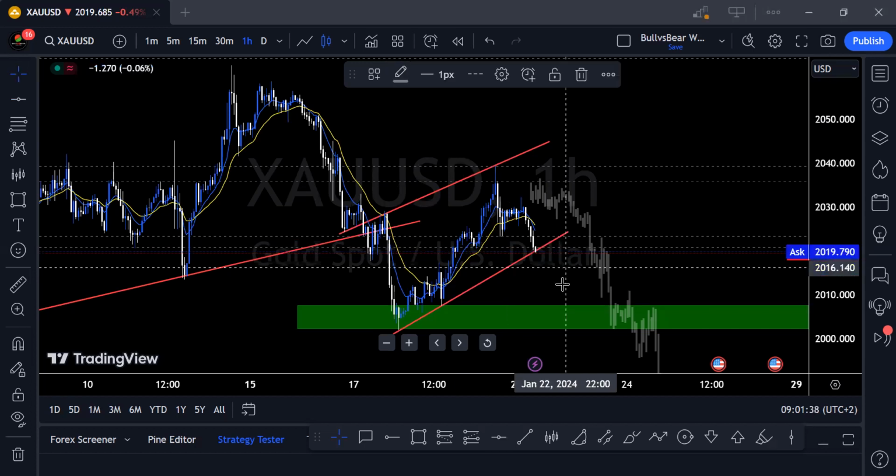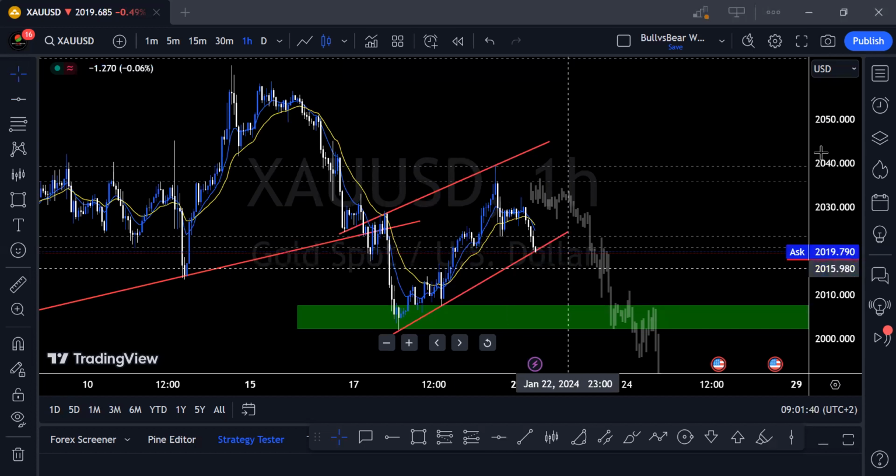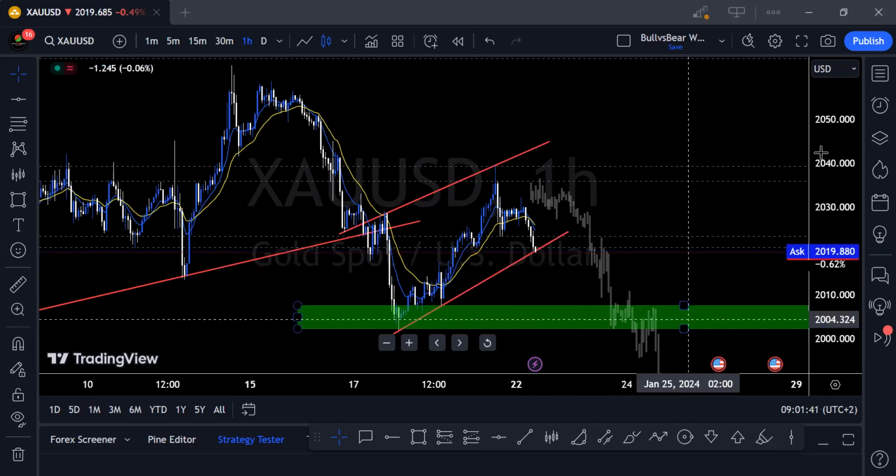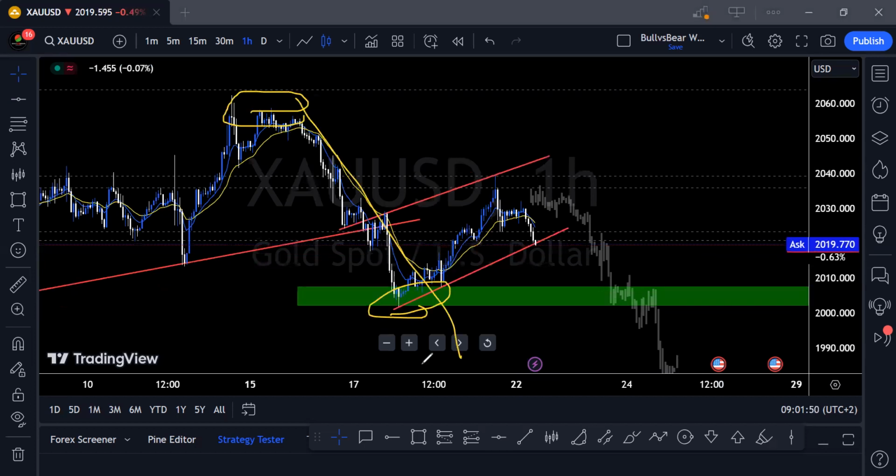Alright, so if you can check whatever I'm doing here, I'm only focusing on the current situation from here to here, which is the impulse that is followed by a correction, and then from this you will have an impulse to the downside. I don't know if you guys have any question.